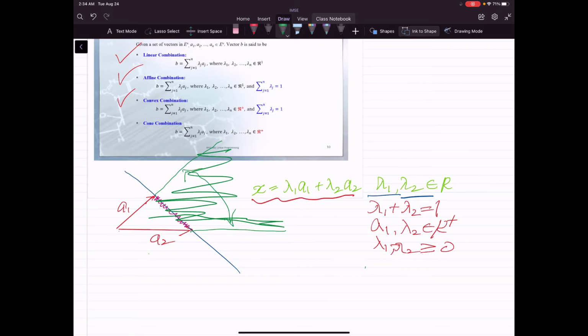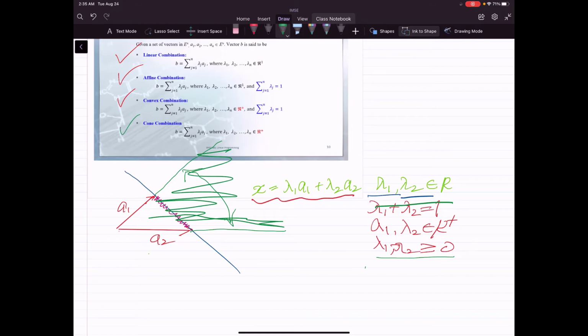That means we drop lambda 1 plus lambda 2 equals 1, but we maintain that lambda 1 and lambda 2 are non-negative. In this case, we basically produce a cone. This is also true in two dimensions, three dimensions, and so on.